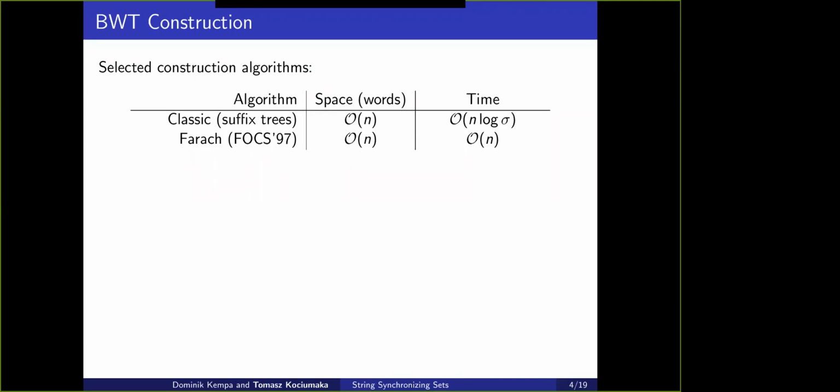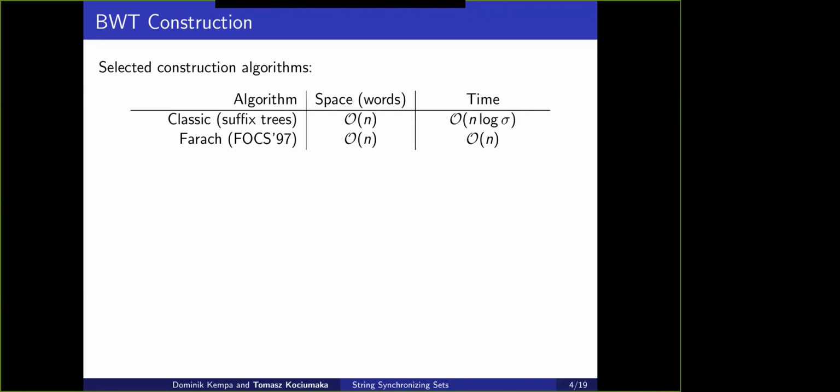And the space was linear. So linear space and linear time may look like the end of the story. And for suffix sorting, it actually is, because to store the suffix array, the sorting permutation, you need n log n bits. And those n log n bits require linear space and linear time to construct.